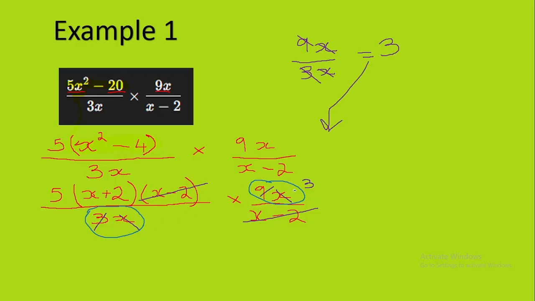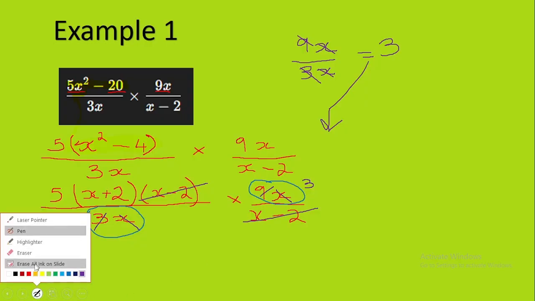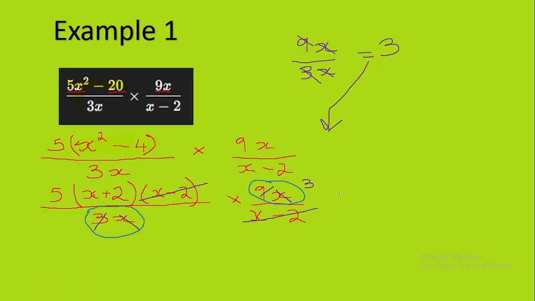So let's write out our fraction with everything that we have done so far. This now will be equal to our 5, our x, in brackets our x plus 2. We cancel the x minus 2 because there was one below.